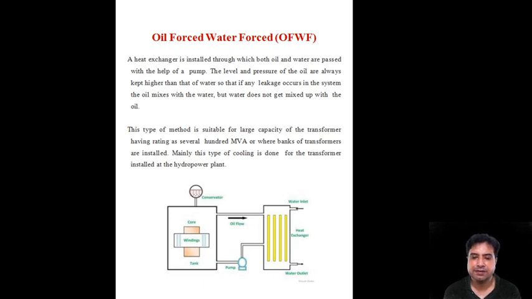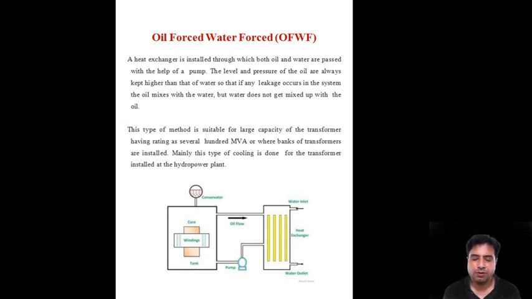So again, just like it was with oil forced, air forced transformers, here water is continuously pumped inside the heat exchanging unit. It's sort of a radiator, and hot water keeps coming out from the outlet, and cool water replaces it within the body of the heat exchanger or radiator, and in the process the oil is continuously cooled off.